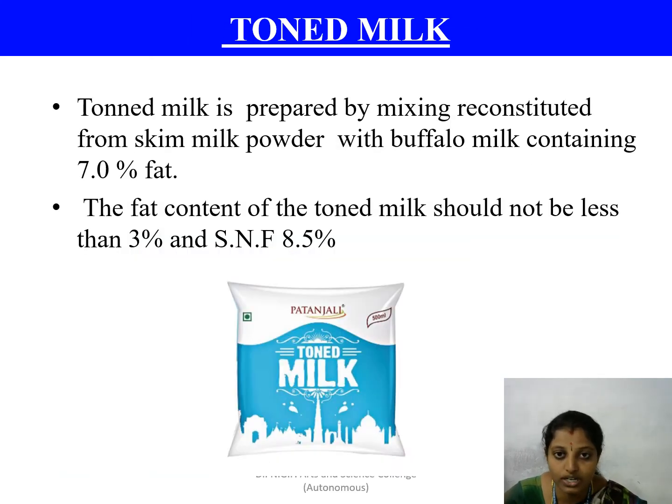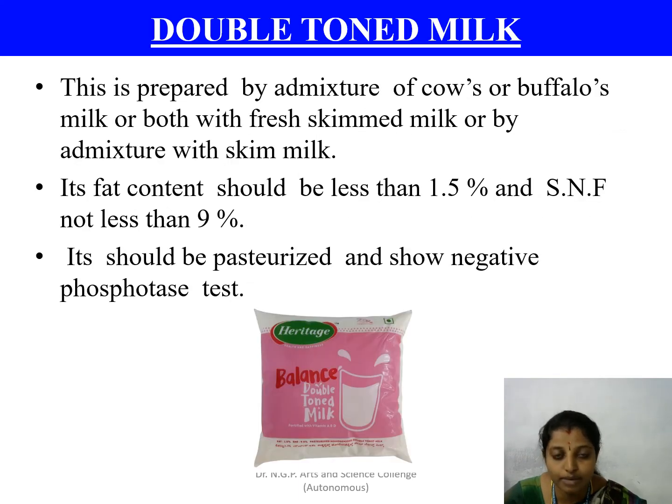The next one is toned milk. Toned milk is prepared by mixing reconstituted skimmed milk powder with buffalo milk containing 7% fat. The fat content of the toned milk should not be less than 3% and the solids non-fat content should be 8.5%. The next type is double toned milk.